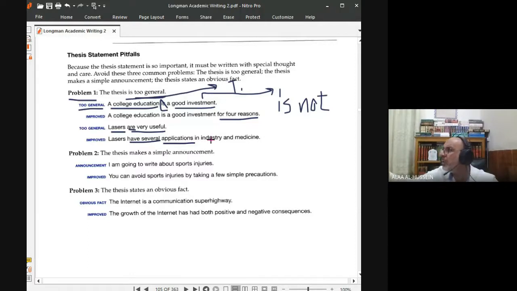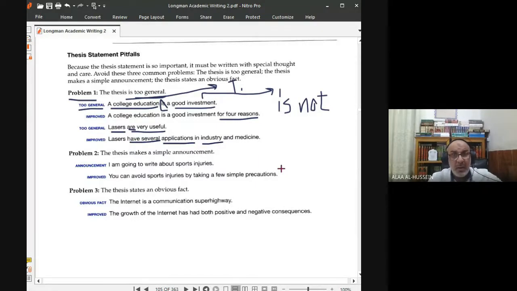Lasers have several applications. We know in general that lasers have several applications, but we don't know in what aspects. How? Why? Where is the specific idea about this sentence? So lasers have several applications in industry. Okay, this is one aspect.